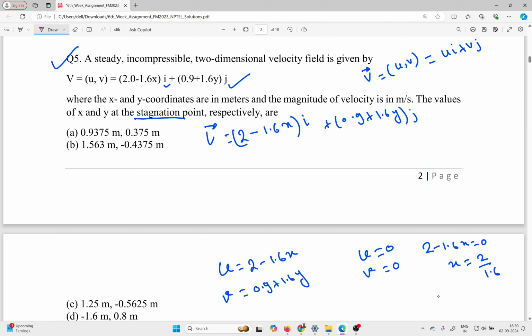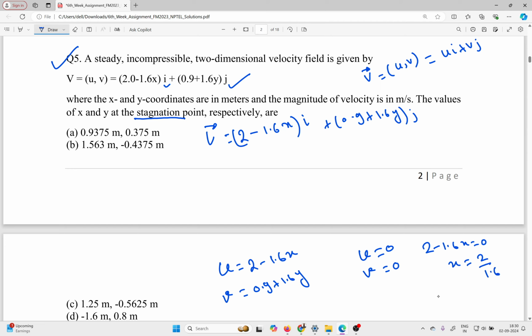Okay, Kedar is telling option B. Vijay Kumar, Rajnikant, you can also tell the answer of question number 6: the local acceleration in x direction is given by option A, u plus del u by del x plus del u by del t; option B, del u by del t; option C, u del u by del t; or none of the above. Please Vijay Kumar and Rajnikant, try to give your answer.